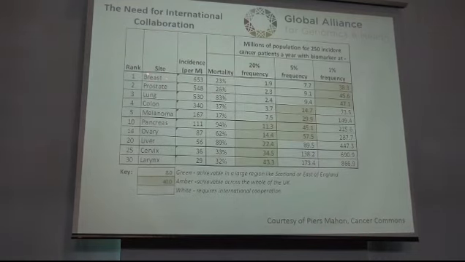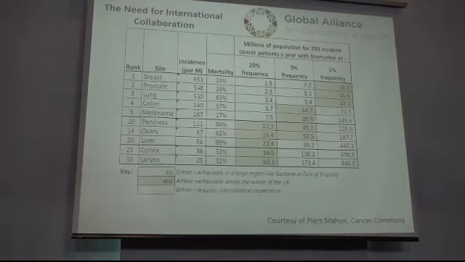Across breast cancer, if the mutation is a 1 in 5 mutation, which is very common, you need 1.9 million people in your population to accrue 250 cases. If it's 1% frequency, it's 38 million. So Scotland wouldn't be big enough.